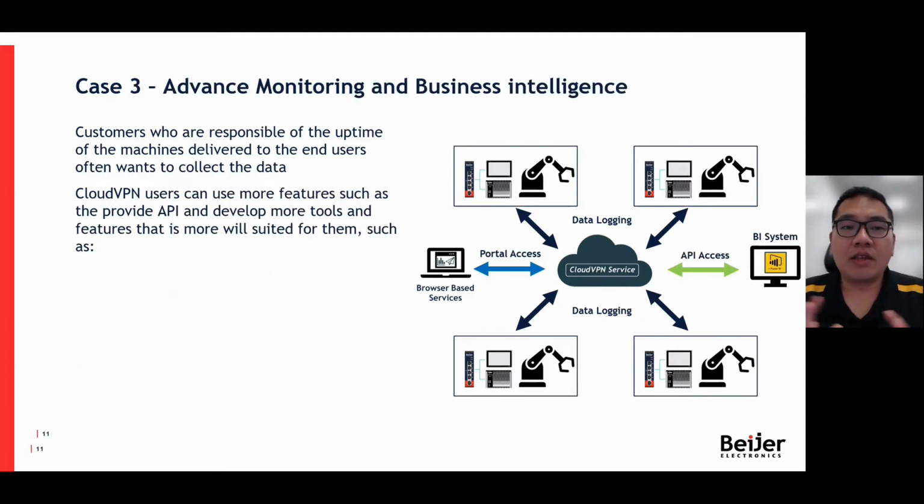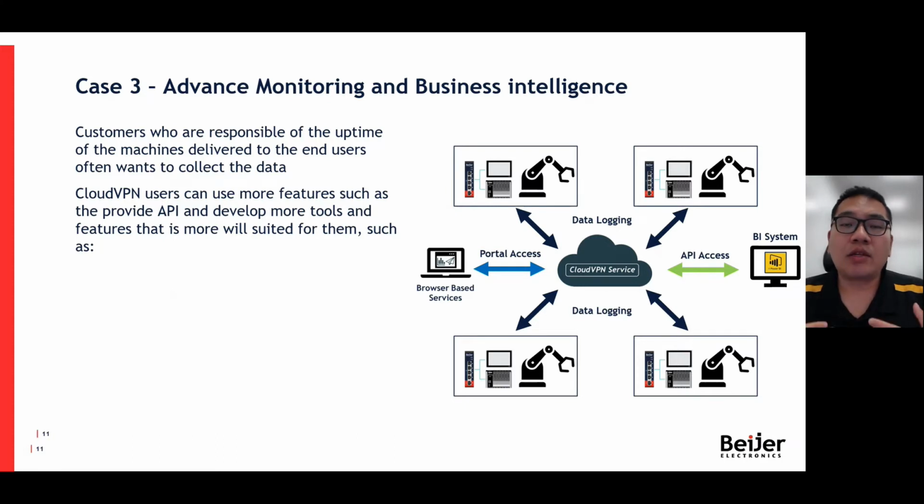Next, and the final case that we'll be talking about today, would be advanced monitoring using business intelligence, of course. In the previous example, we talked about customers building basic dashboards for different users and different views, but we do have a small portion of our customers who want more from the Cloud VPN services and what it can provide.